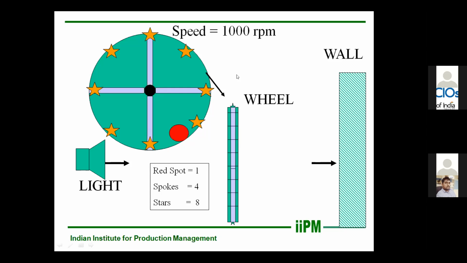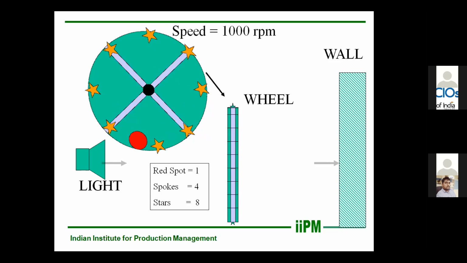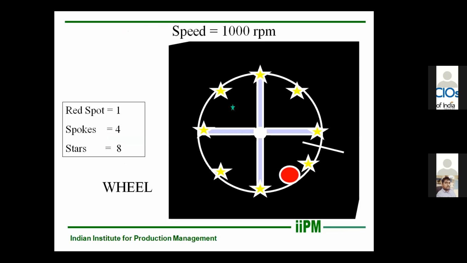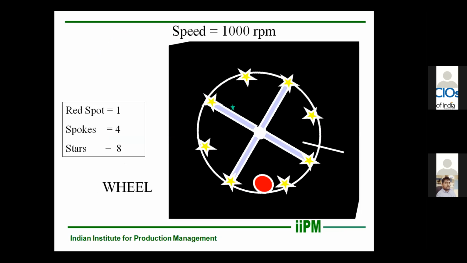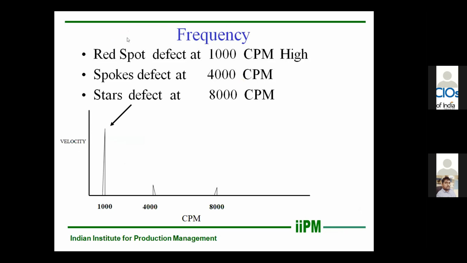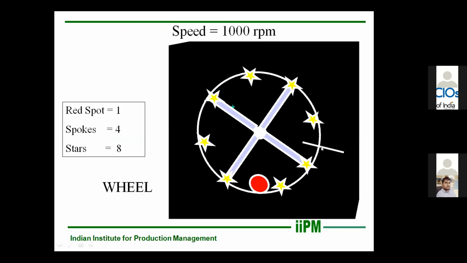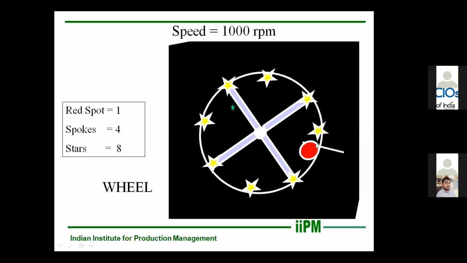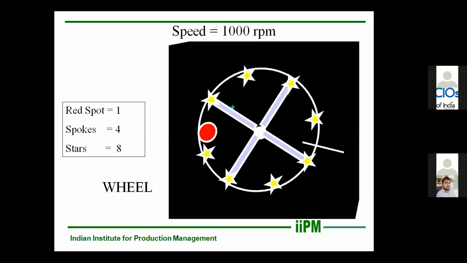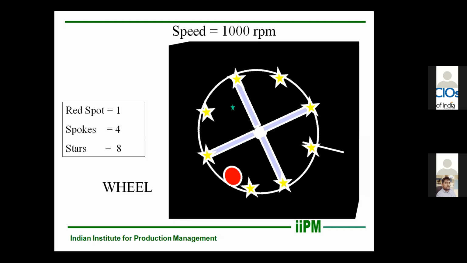So what are the types of defects we can have? See, how many times is the red spot touching this defect in 1 cycle per minute, 1 RPM? One time. And how many times are the spokes touching this defect? 4 times.